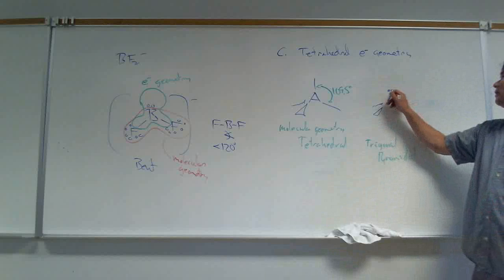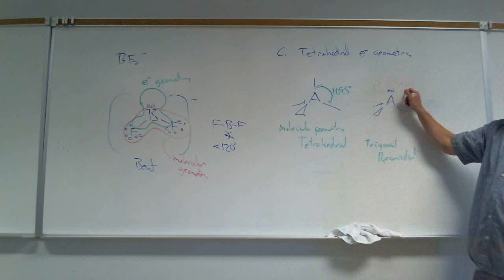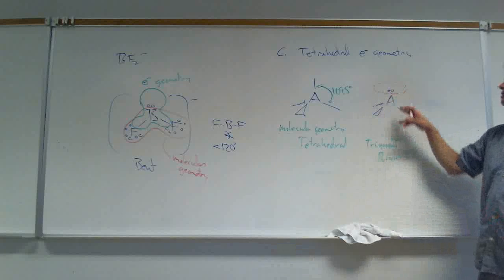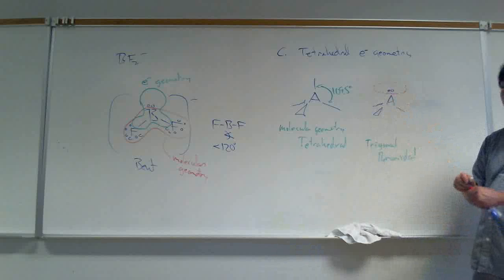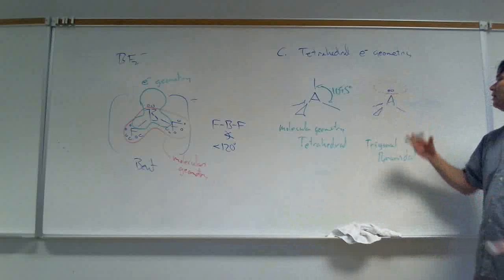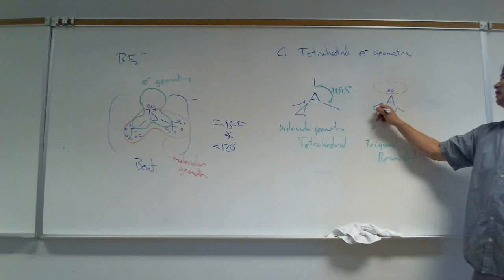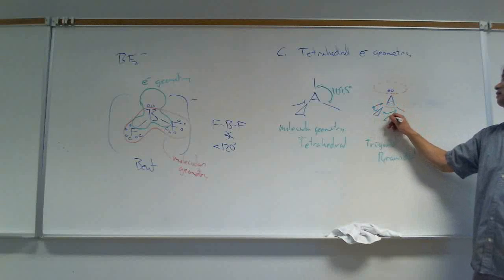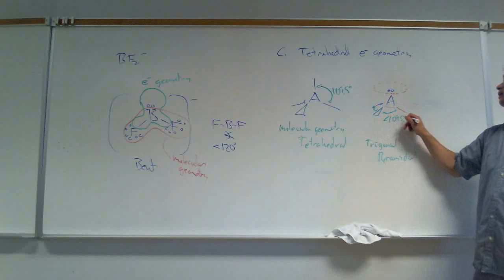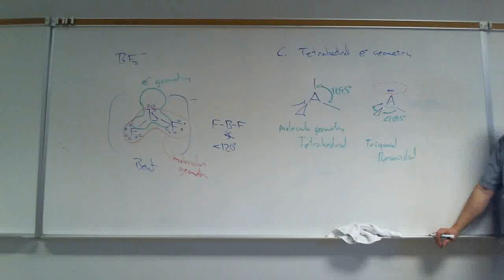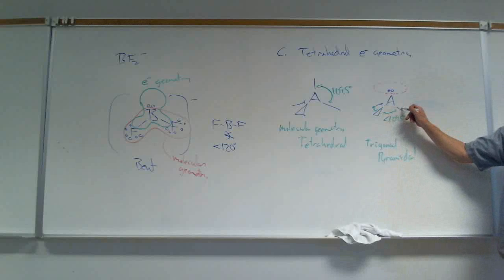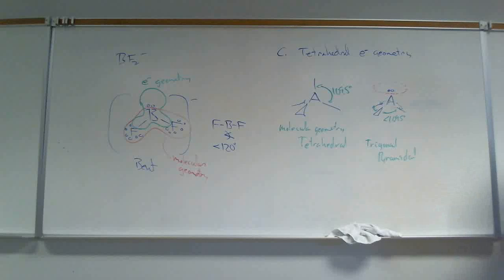The lone pair is concentrated on A, and so it compresses these angles down. The angles are going to be less than 109.5, and the actual angles are about 107.